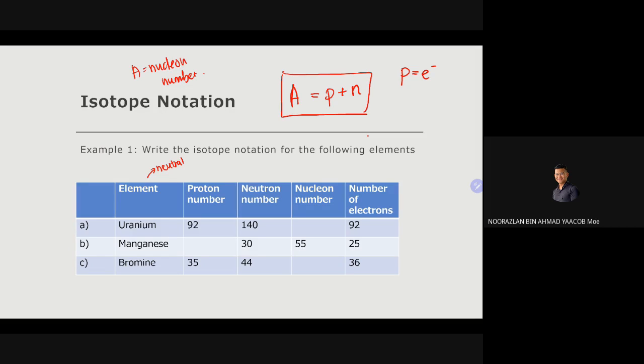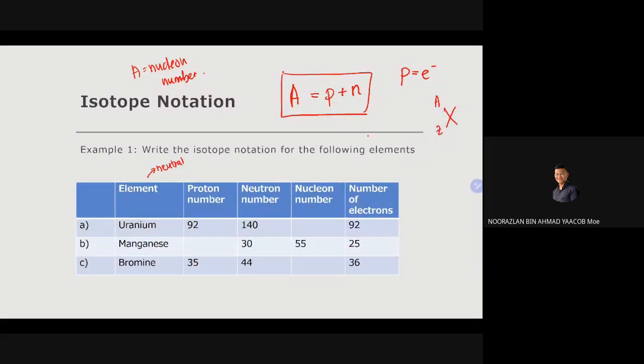Once kamu dah dapat kira tu, you should write down the isotope notation in the form of X, A, Z tadi tu. So you have to write down in this form. Dah kira semua tu, write it down as this form.